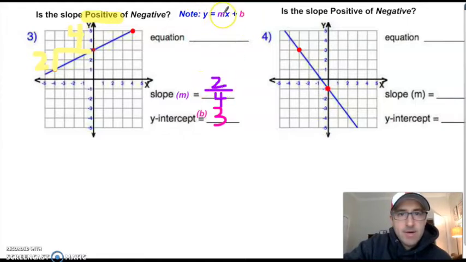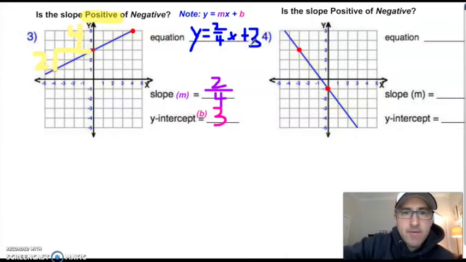I take the m, I'll put it next to the x, I'll take the b, and put it behind. So my equation for this line is y equals 2 over 4 x plus 3.